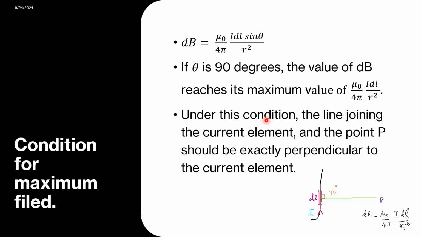Under this condition, the line joining the current element and the point P should be exactly perpendicular to the current element. See here the angle is 90 degrees. The point P is exactly perpendicular to dl.